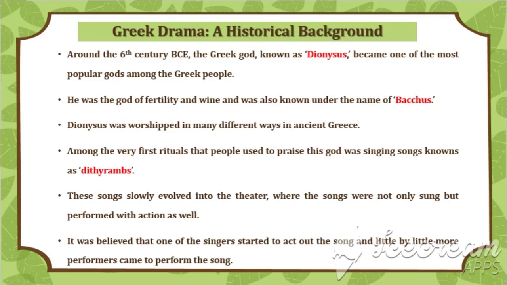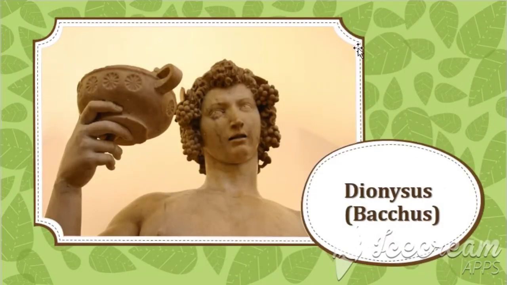We have to know a historical background about drama because we have to understand how, when, and why it started. So before I start with explaining these points, let me tell you about a Greek god. Right here, we have the Greek god Dionysus. Dionysus was one of the most famous gods of the ancient Greek history.